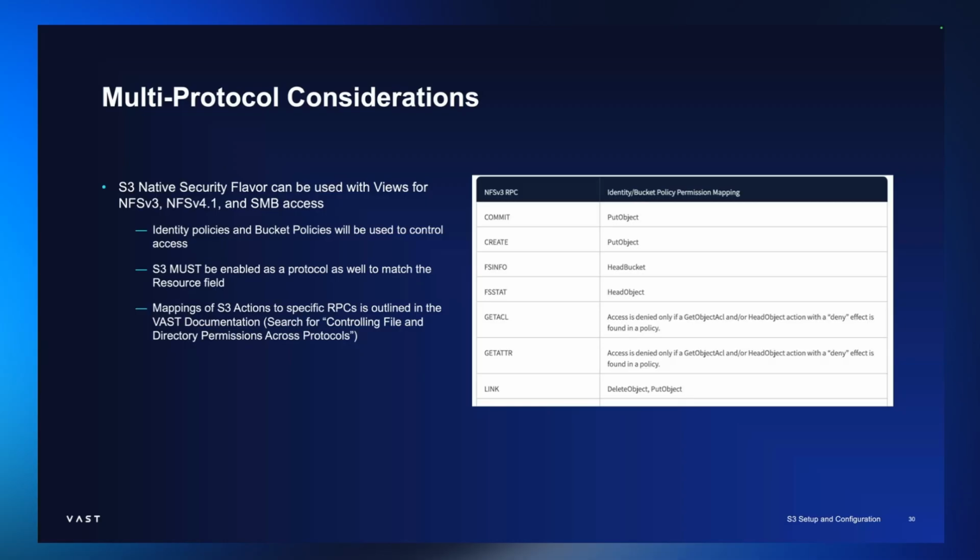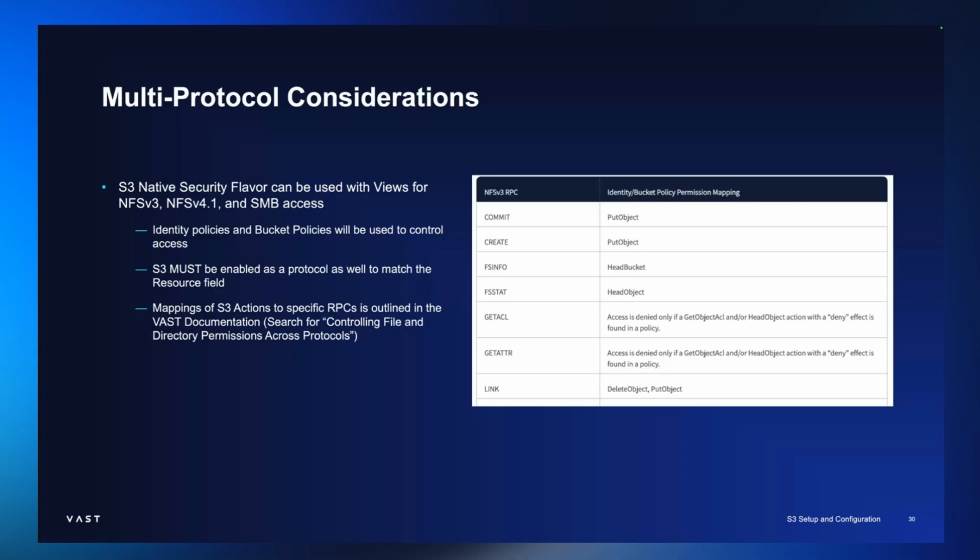When I say reflected, it means that if I do an ls -l, it may look like I have no permissions to access a file. I'll see it's owned by somebody else and permissions are zeros for group and other, or I look at SMB and it says it's owned by somebody and there are no ACLs there. You'll still be able to get access if the identity policy or the bucket policy allows for it. You just won't be able to see those permissions there.